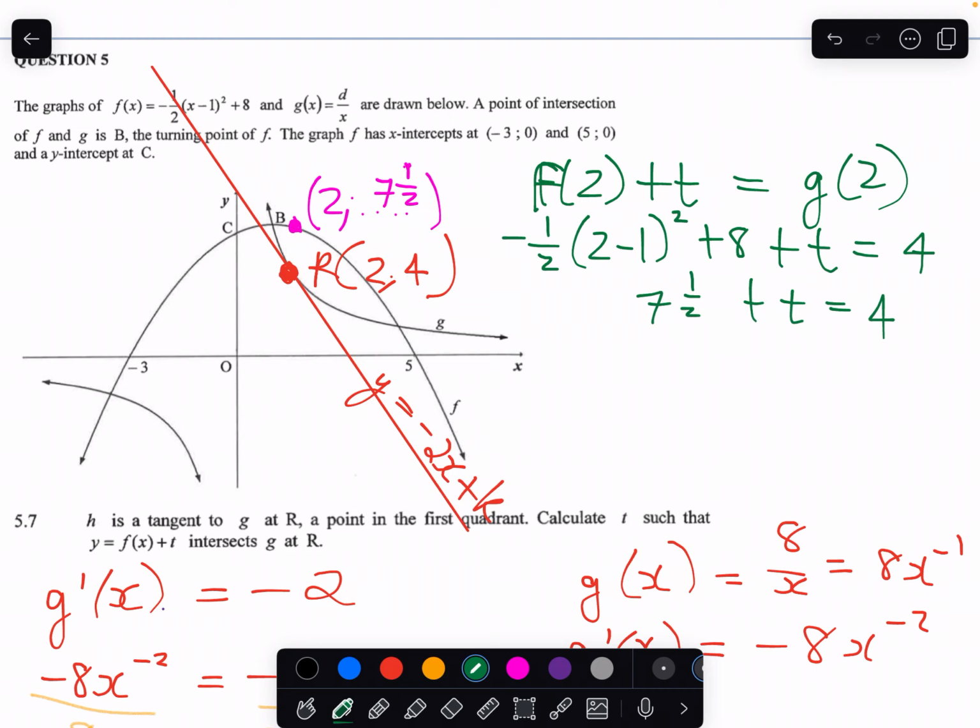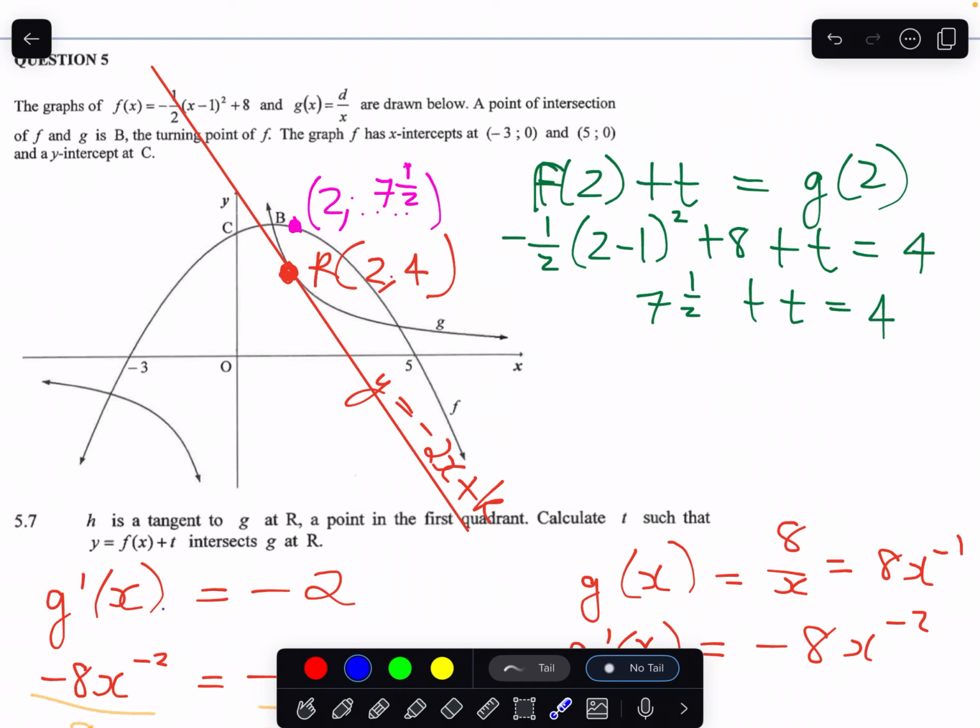I guess from the previous question, we know that when k is between negative 8 and 8, the straight line would not touch the hyperbola. So when k is equal to negative 8, or when k is equal to 8, that is when it would be a tangent to the hyperbola. So that is how you would know straight from the jump that h of x in this case is minus 2x plus 8.